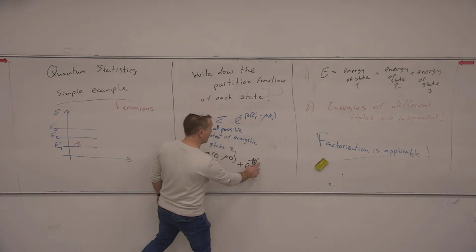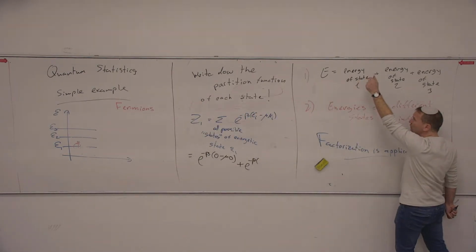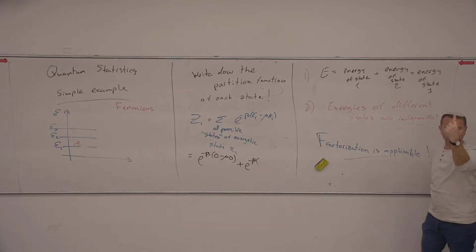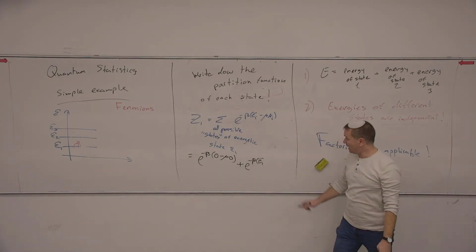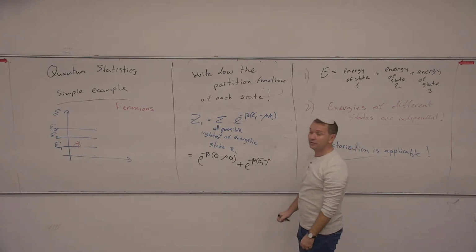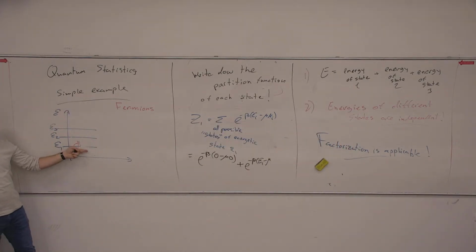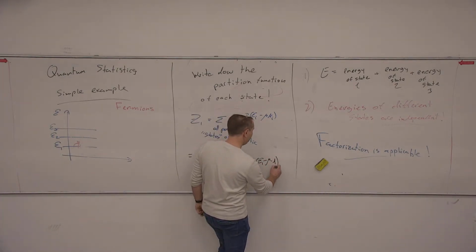So the contribution to the total energy of the first energetic state when it's occupied by one single particle is just epsilon 1 minus mu. Now it's only one single particle occupying this energetic state. It's multiplied by 1.